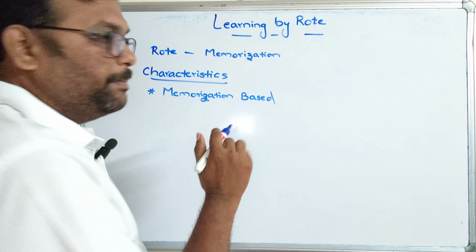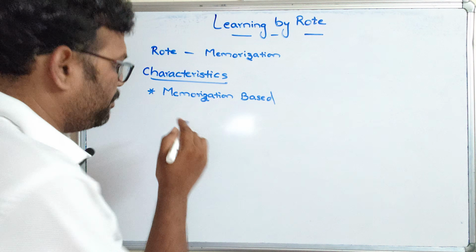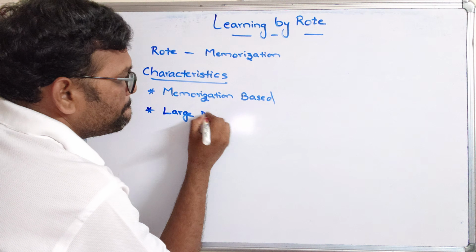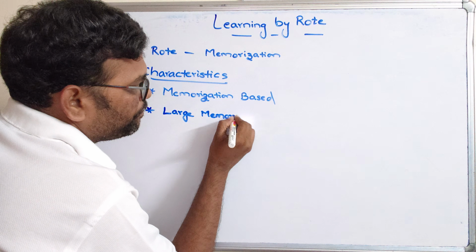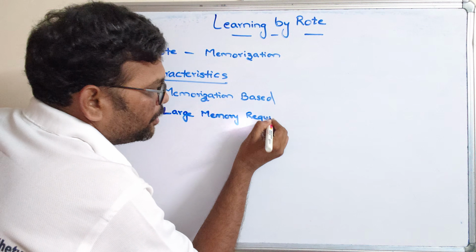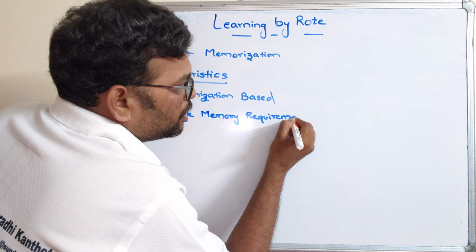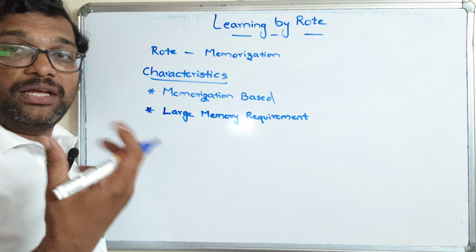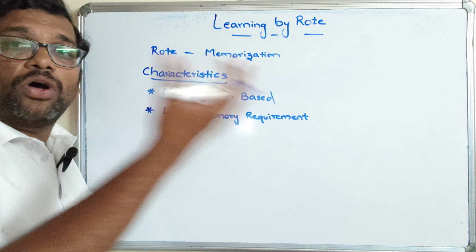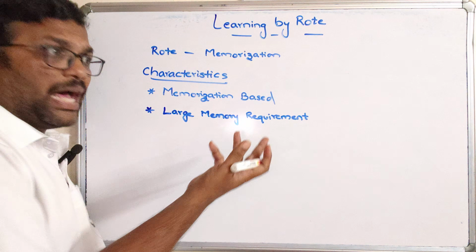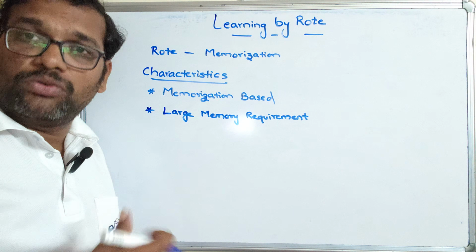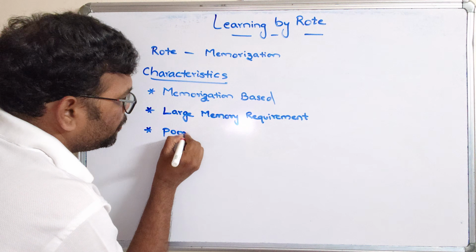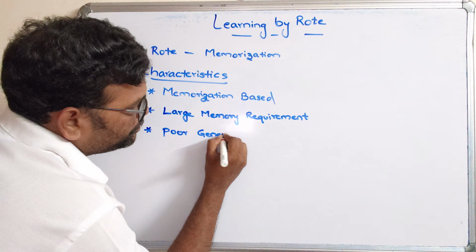The data is stored in the memory. Next, large memory requirement. This is also important. Because everything is stored in the memory and it only responds to the data which is already memorized, it requires large memory to store a large amount of data.